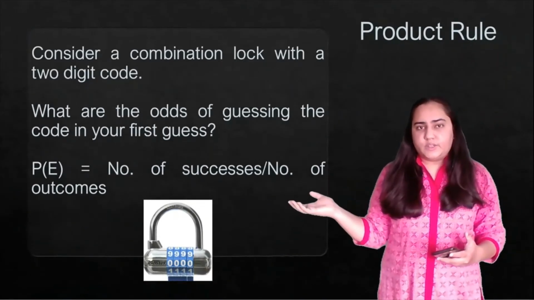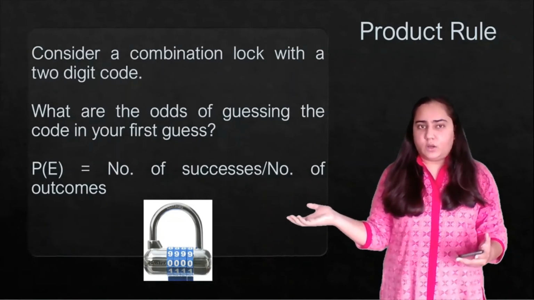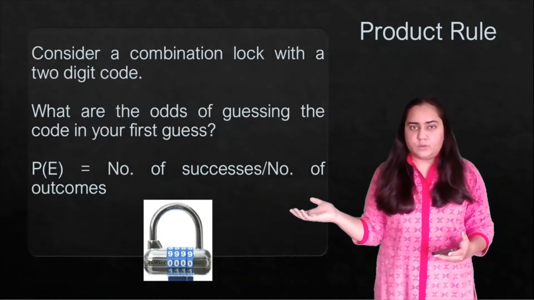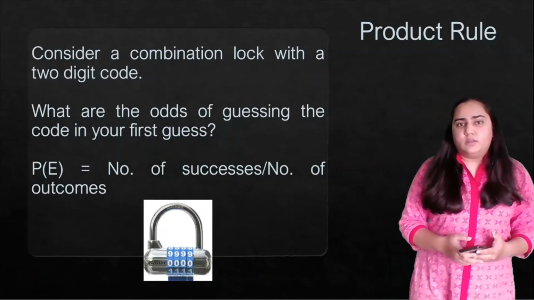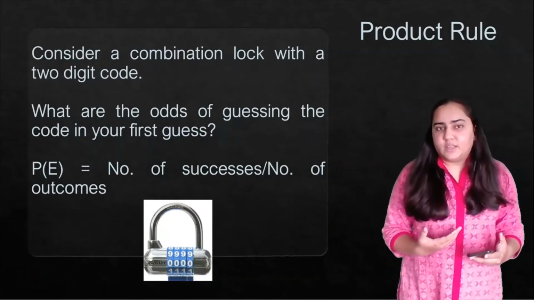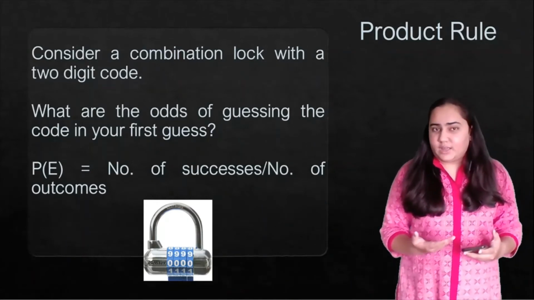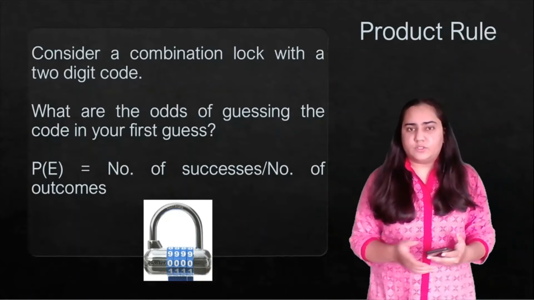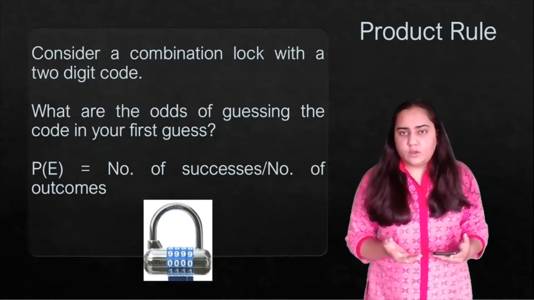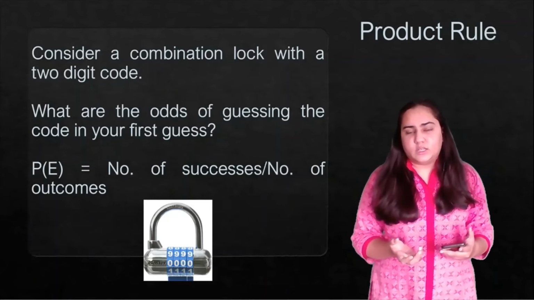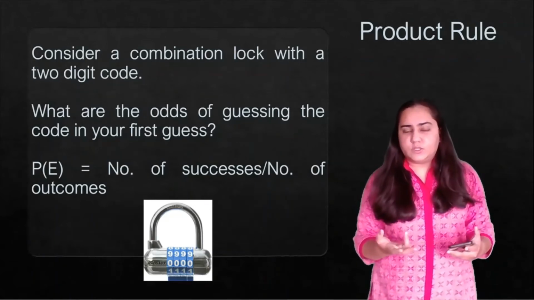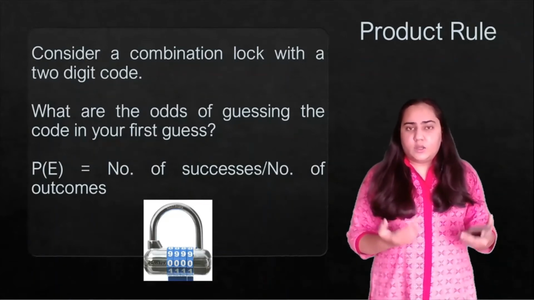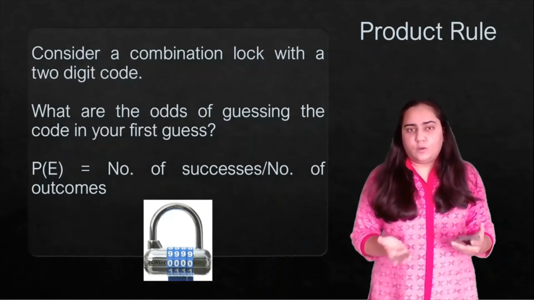So consider that you have a combination lock with a 2-digit code. And what are the odds of guessing the code in your first guess? So this is the question: you have a digit lock that contains 2 digits, and if you get the correct combination of those 2 digits, then the lock opens.